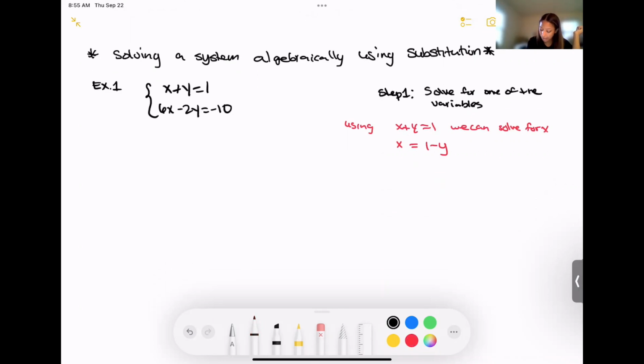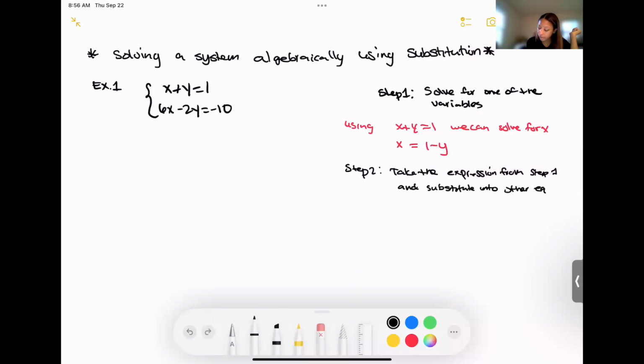All right, second step. The idea is we want to take what we just solved for x, and substitute that into the second equation. So for step 2, take the expression from step 1 and substitute it into the other equation.